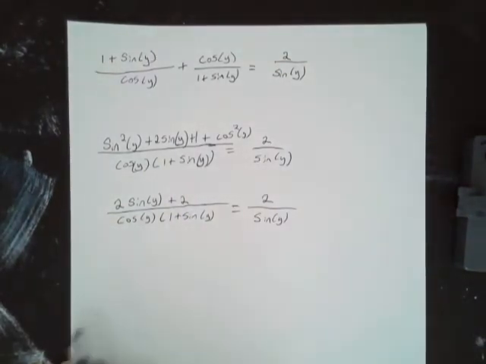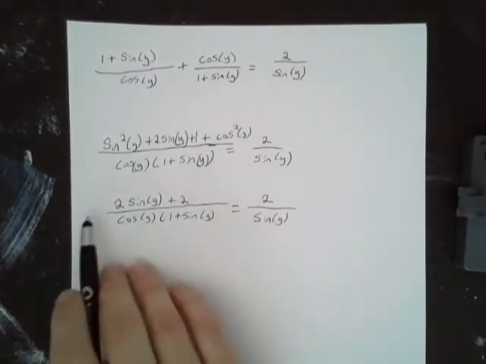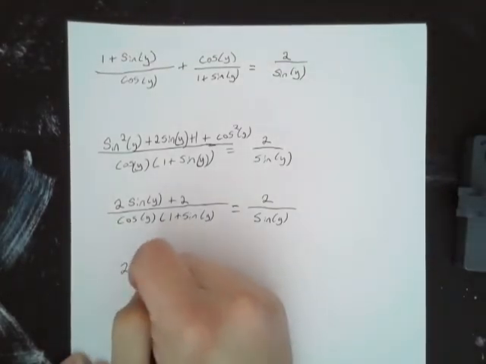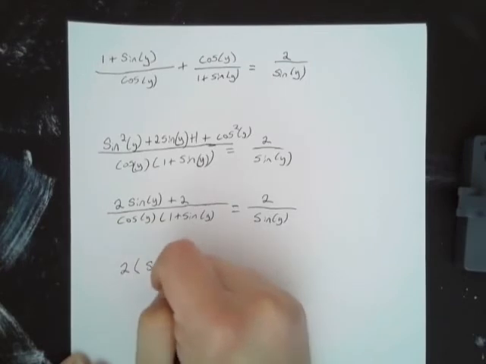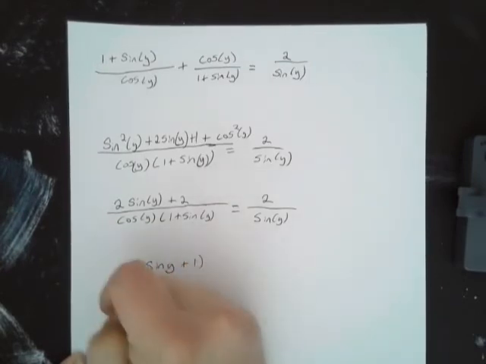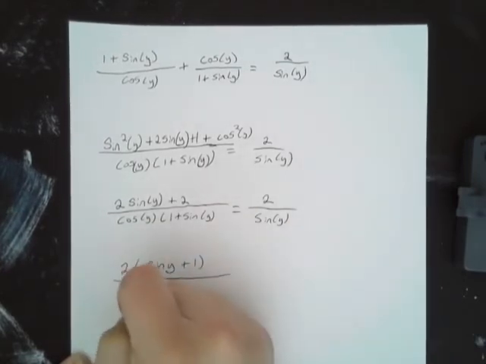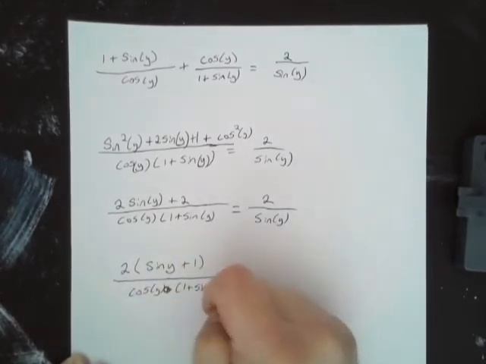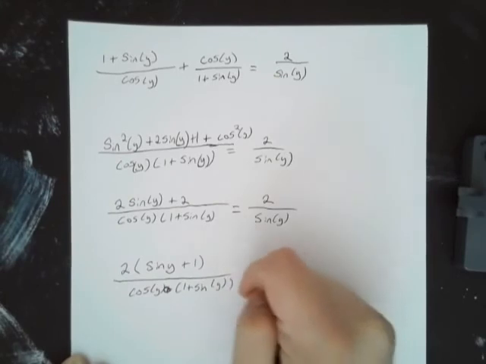Okay, now I notice here that I have a greatest common factor that I can pull out. So with these, I'm going to pull out my 2, leaving me 2 times sine of y plus 1 over cosine of y times 1 plus sine of y.